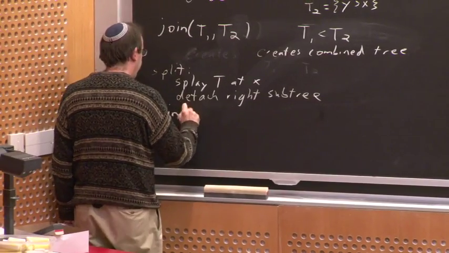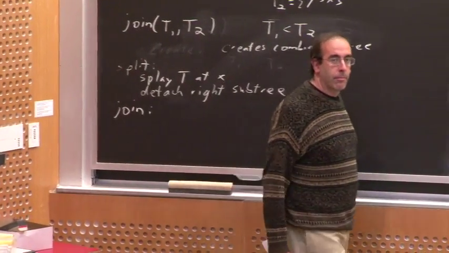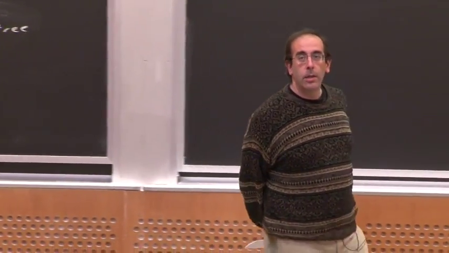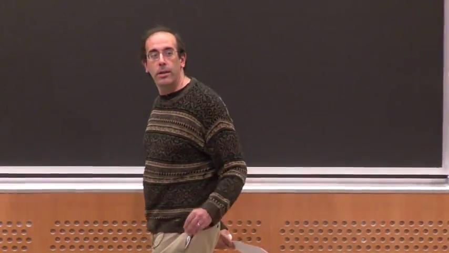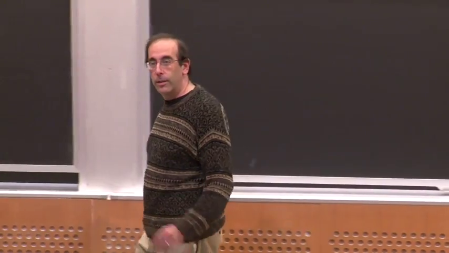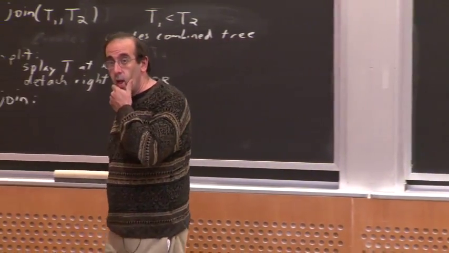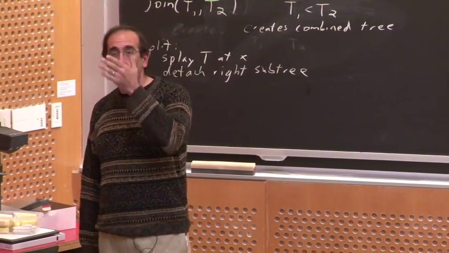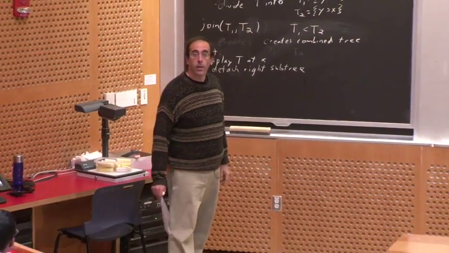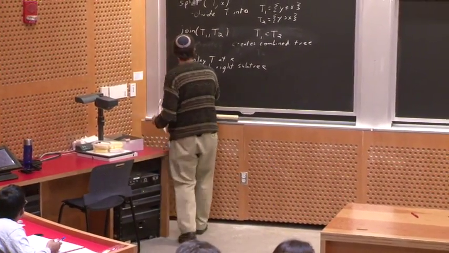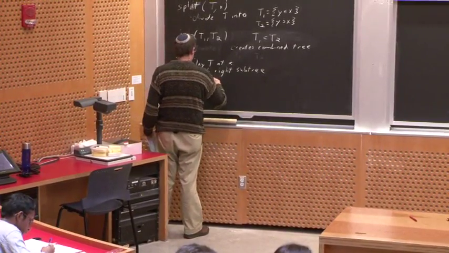What about join? Do I need to do both of those things? Yeah. Splay the largest element of T1 and then give it a right child.